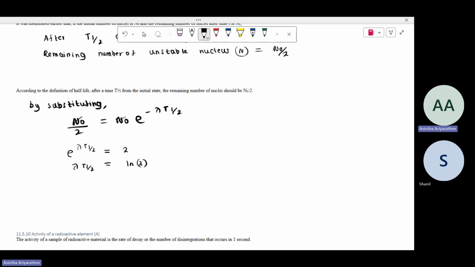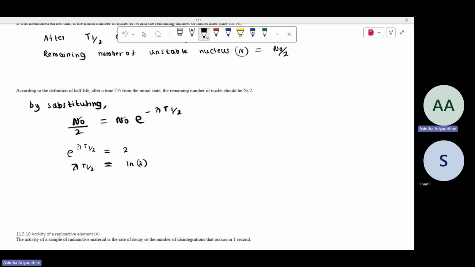So that's another relation between the half-life and the decay constant. Decay constant into half-life is equal to ln 2 for any radioactive element.